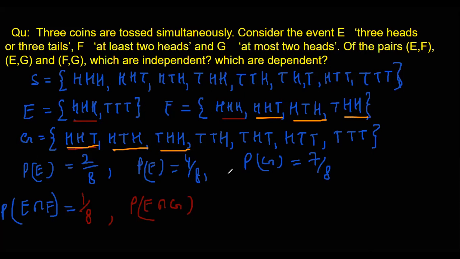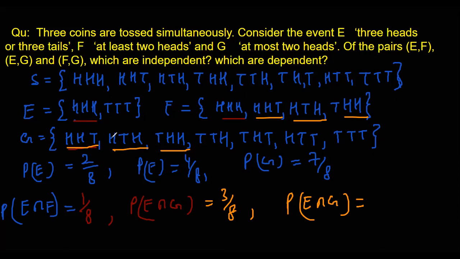So F and Z have three elements in common. So it will be 3 by 8. Now we can find E intersection Z also. If you could see, E and Z, what is common? Let's see what is common in E and Z.